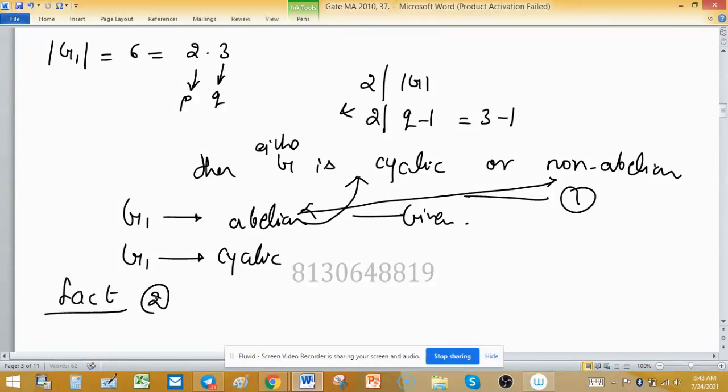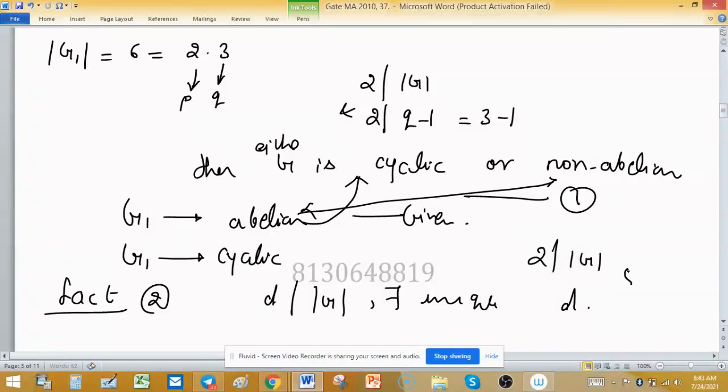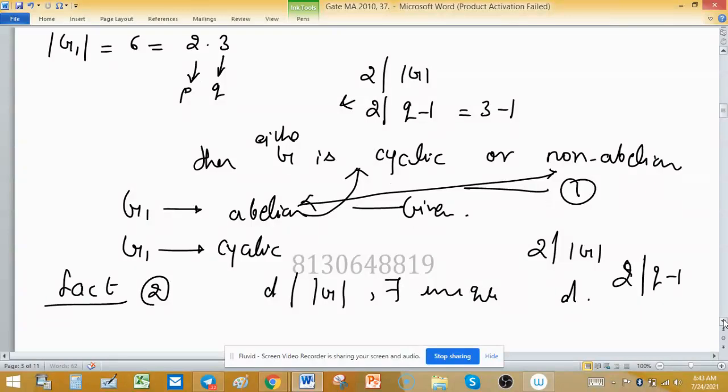Use fact 2 here. If G is cyclic, then for every divisor d which divides the order of G, there exists a unique subgroup of order d. Here 2 divides the order of G, and the q minus 1 condition is also satisfied.